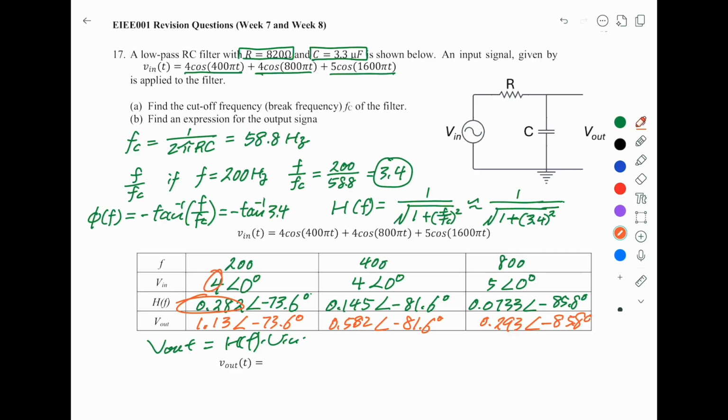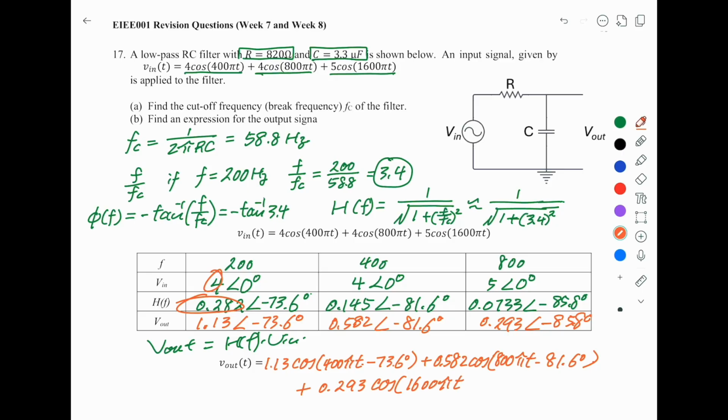So your output signal is 1.13 cosine 400 pi t minus 73.6 degree plus 0.582 cosine, this is 800 pi t minus 81.6 degree, the last term, plus 0.293 cosine 1600 pi t minus 85.5 degree.